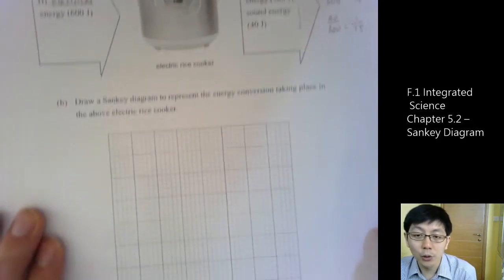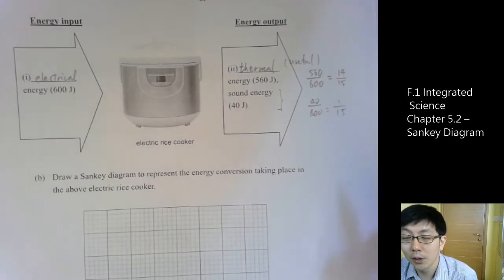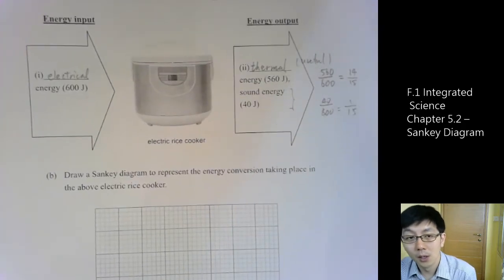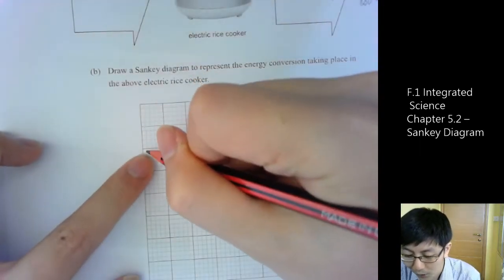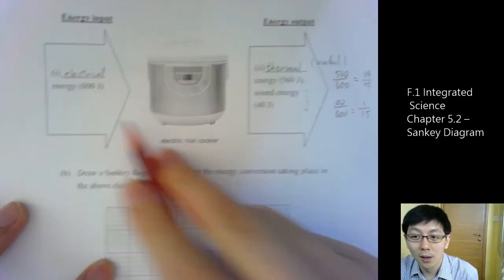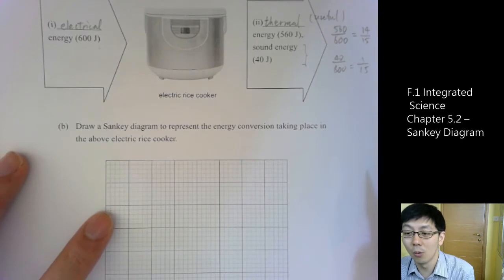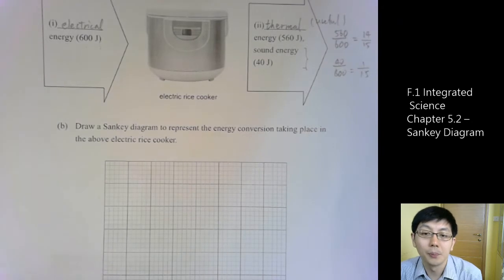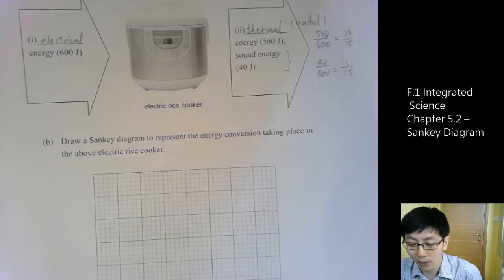So if I draw the Sankey diagram, I try to make the output energy and the input energy whole numbers, integers. It is best to draw with whole numbers so it looks nicer. So for the input 600, you can use 6 grids. However, it's very difficult for you to measure 1 out of 15 of the 6 grids. It is very hard to draw, you would need a ruler to measure. So, instead, I will try to use some other numbers.